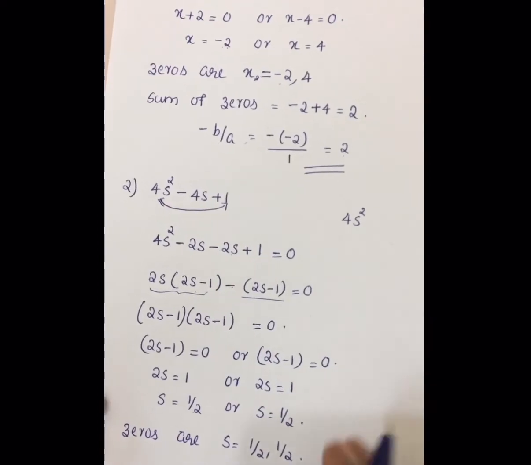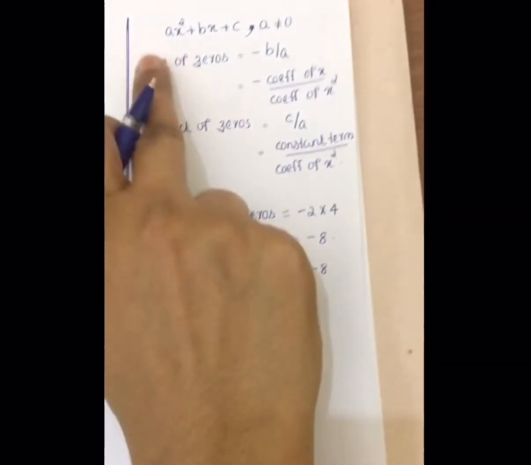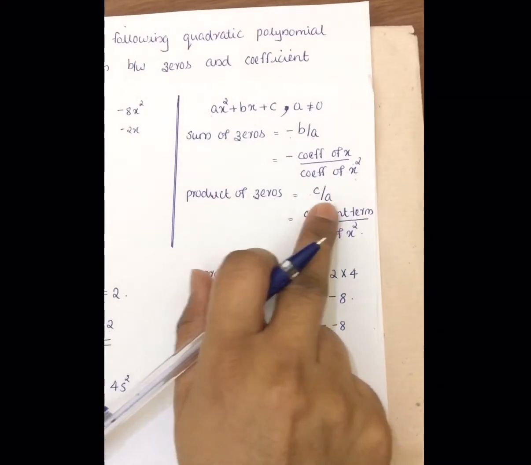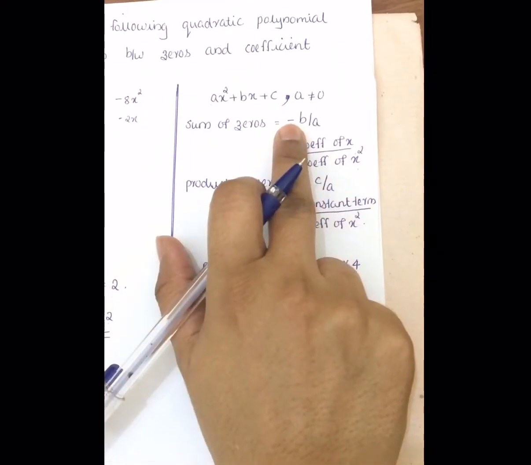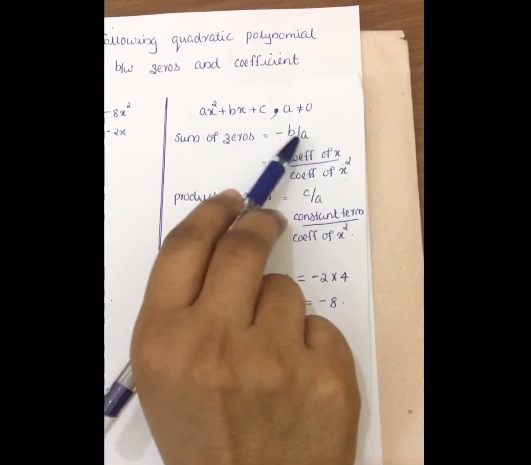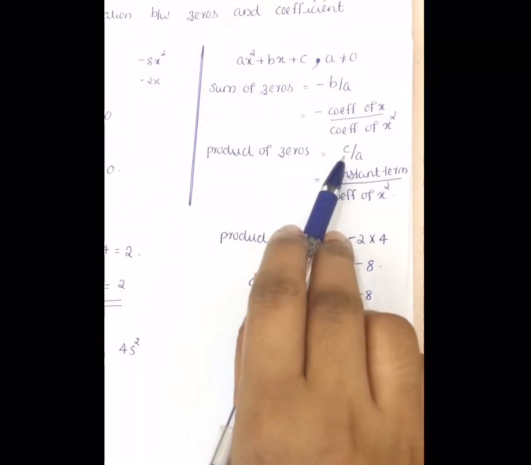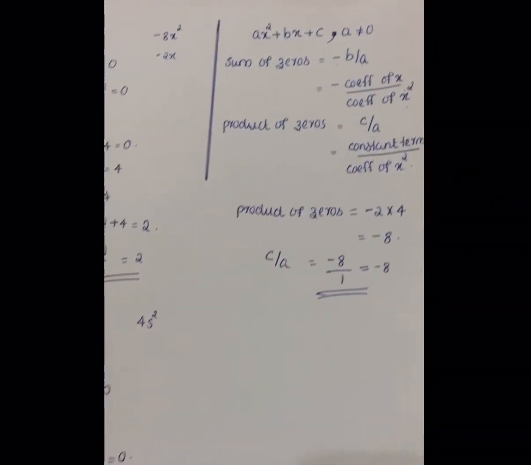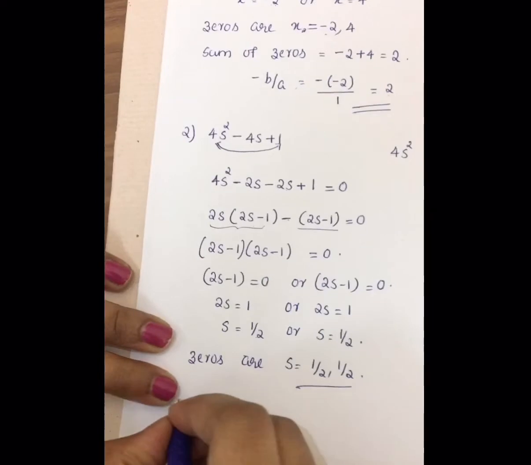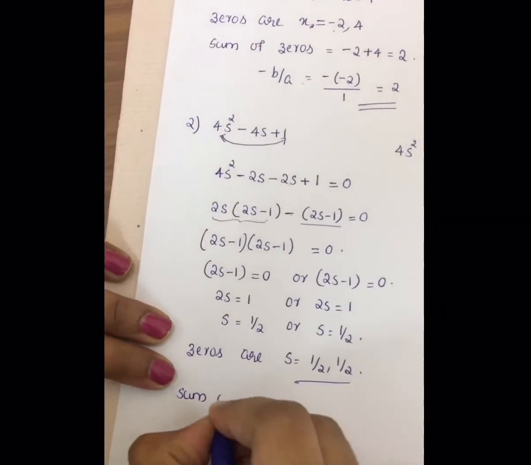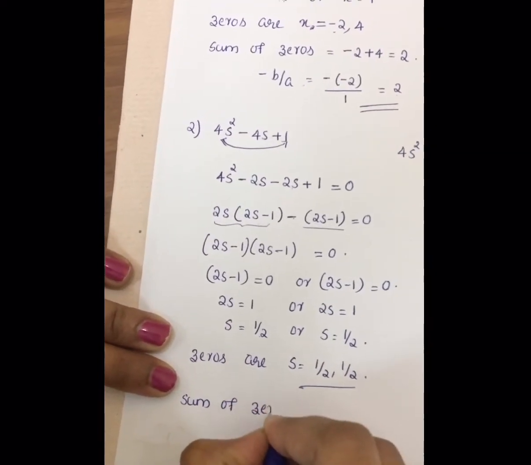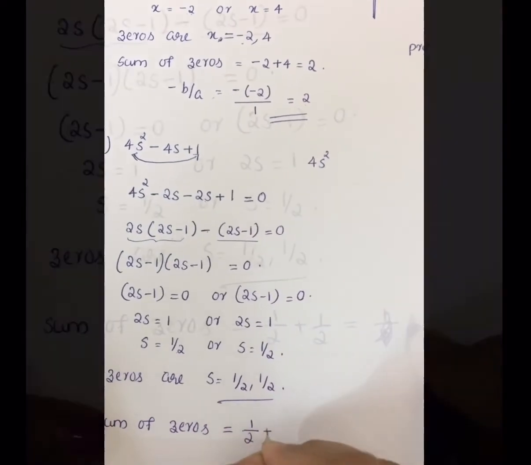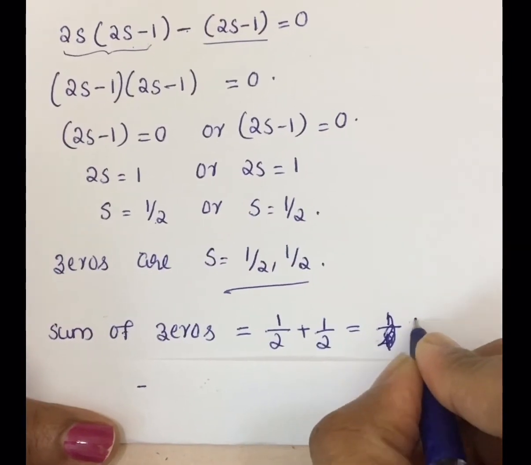Now we have to verify this. Sum of zeros is equal to minus b by a and the product of zeros is equal to c by a, where b is the coefficient of x, a is the coefficient of x square and c is the constant term. Now here sum of zeros is 1 by 2 plus 1 by 2, which is equal to 1.